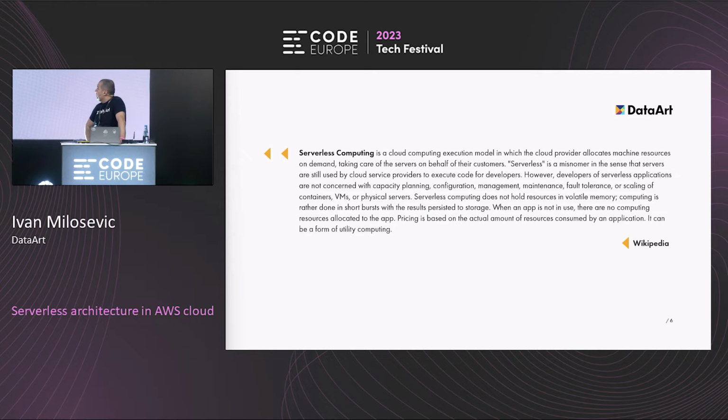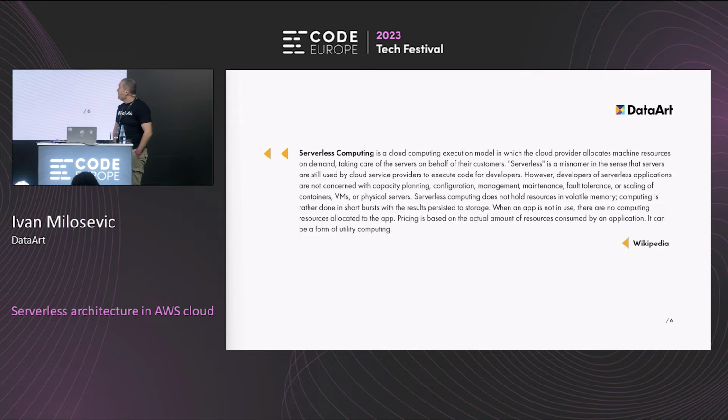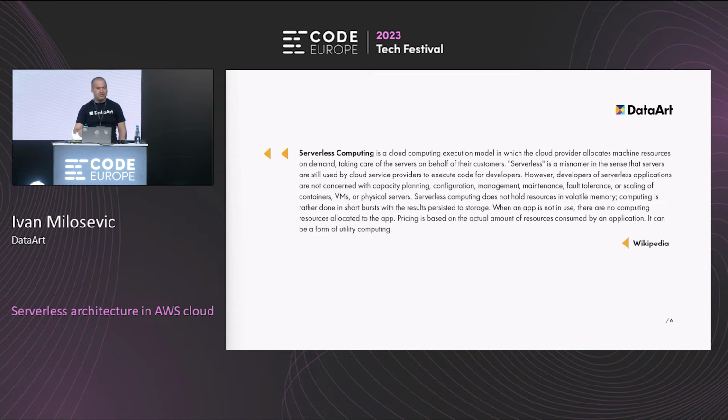So serverless computing, and sorry, I have to read it because I don't know it by heart: serverless is a cloud computing execution model in which the cloud provider allocates machine resources on demand. So actually, there is a very comprehensive definition of what serverless is, but on the other side, it's not easy to remember, and although technically very precise, Wikipedia gives a lot of details here, which is of course the normal encyclopedia style of defining things, and I would probably have a hard time remembering it.